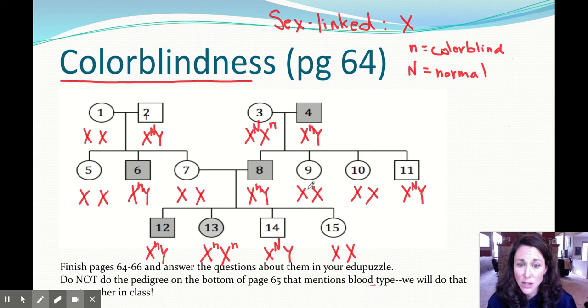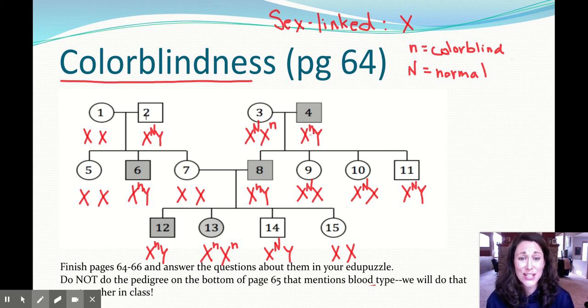Then I'm going to take a look at individuals 9 and 10. I know that these daughters do not have color blindness because they're not shaded in. So they're going to be X big N for sure. And that big N had to come from their mom because their dad also gives them the X chromosome that they have.